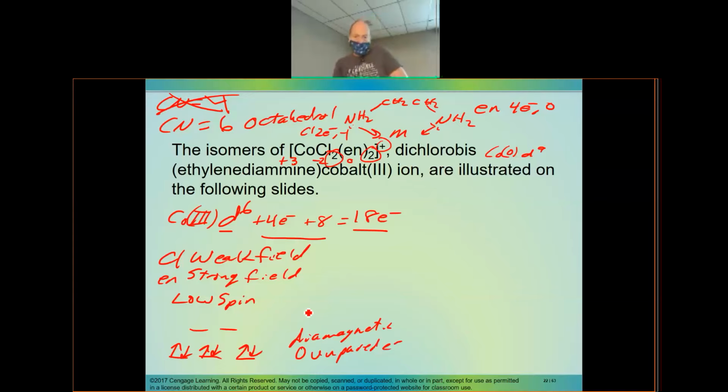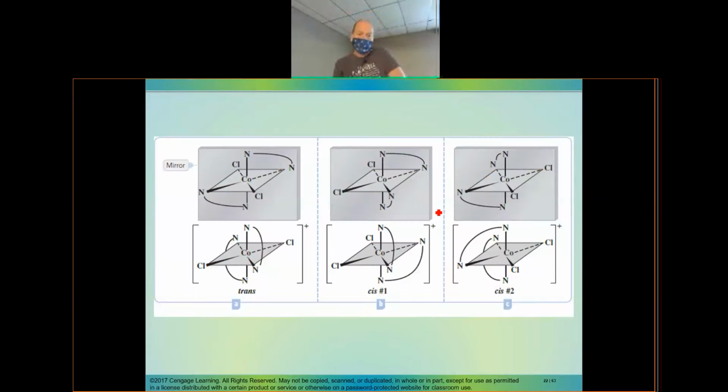And the hybridization, since those two orbitals are empty, it is a d2sp3. And so you can write these as cis and trans as well. So you can have your trans with the chlorines, or you can have your cis with the chlorines. We're not going to do enantiomers with octahedral.